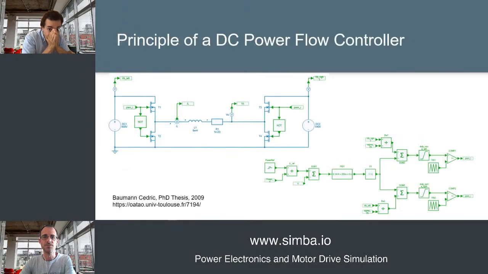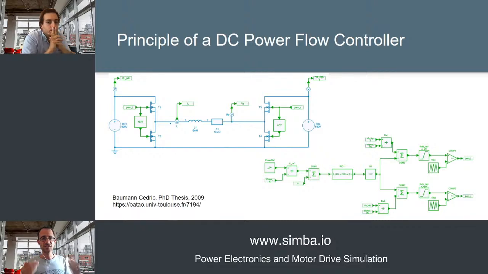So the principle of a DC power flow controller is quite simple, actually. A DC power flow controller can be realized with two switching cells connected together through an inductor, and the control of the current in the inductor leads to the power flow control.